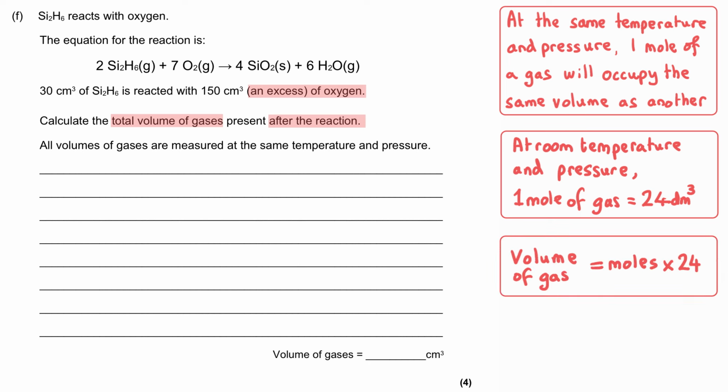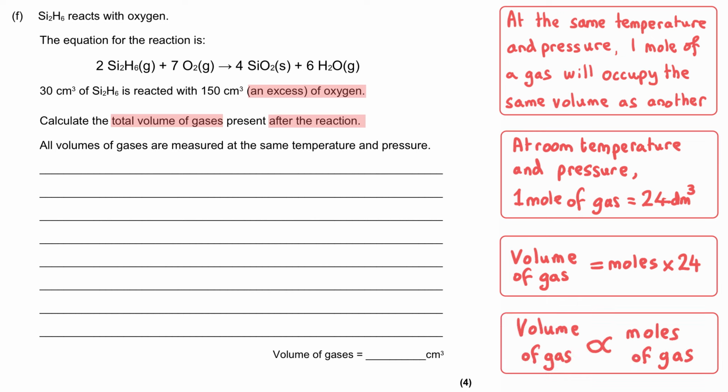And this means that the volume of any gas is equal to its number of moles multiplied by 24, if we're talking about room temperature and pressure. Now, we've not been asked to calculate anything to do with moles here, but we do need to use this relationship, but we can use it in a more simple form, whereby the volume of any gas will be proportional to the number of moles of gas. And this is really important when working with mole ratios from the equation.